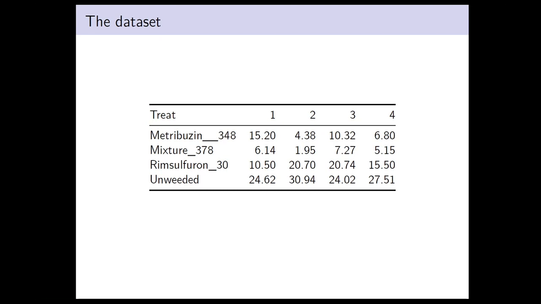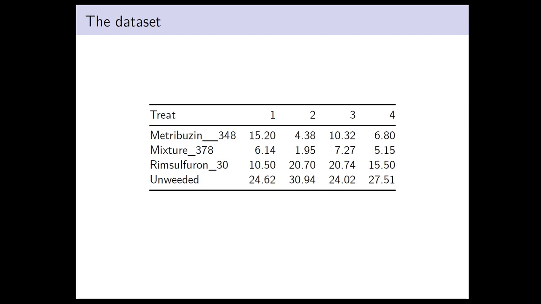And then we added the untreated control. That is unweeded. There was no treatment. That is important because it shows us how the untreated plants develop. So the herbicide is expected to reduce the development compared to the untreated plants. Right?